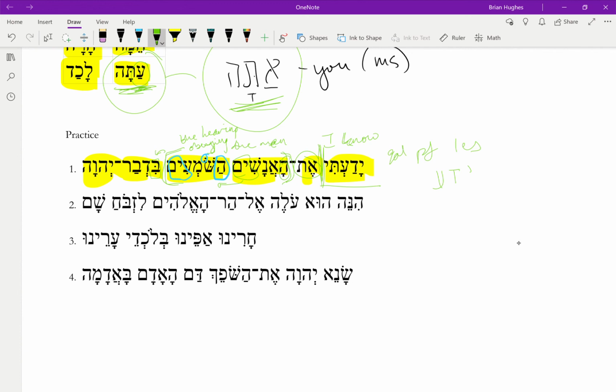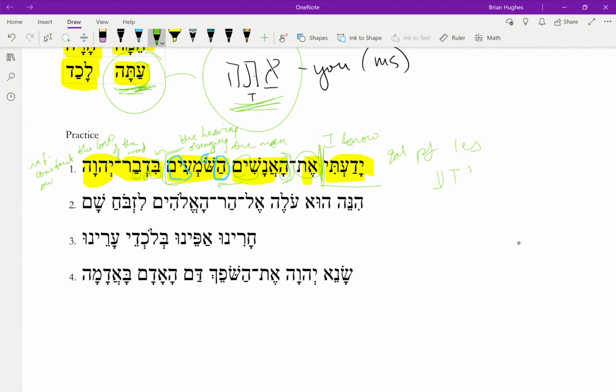Bidevar Adonai. So this is the word of the Lord, right? Because davar, we've got a shva, which starts it, and that makes us pause and say, okay, am I dealing with an infinitive construct? Nope, because I don't have a cholam or cholam vav there.